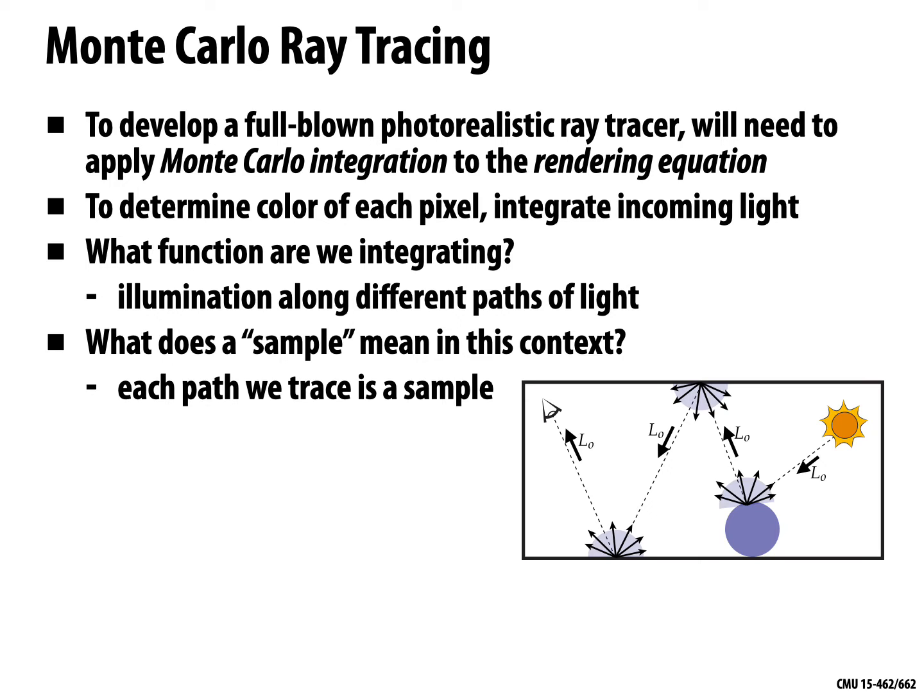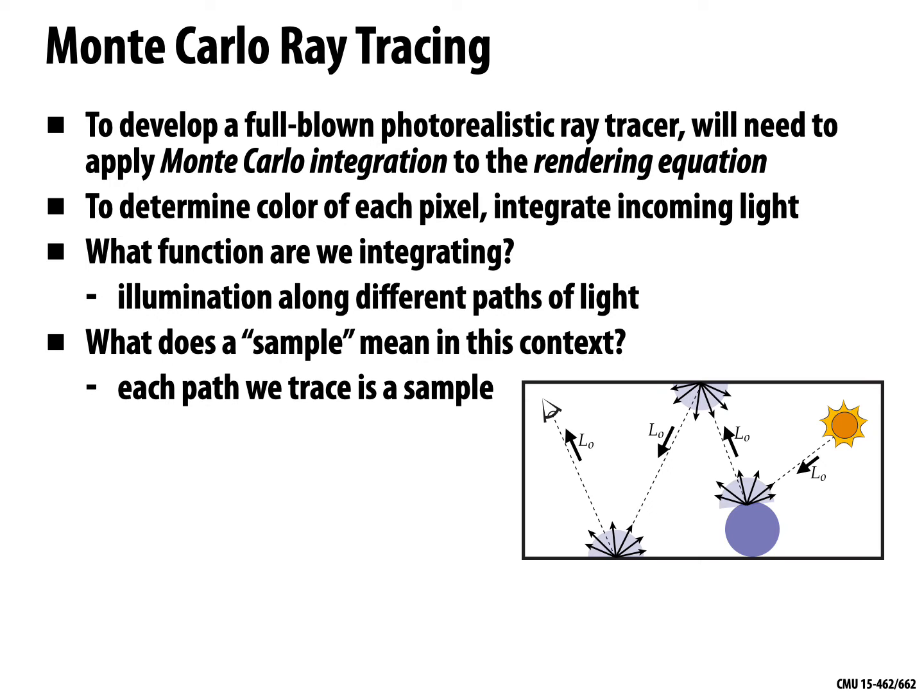To be more precise, what exactly are we integrating? We're integrating all the illumination or all the radiance incident on that pixel over all possible different paths of light coming from a light source, coming from something emissive into our camera.